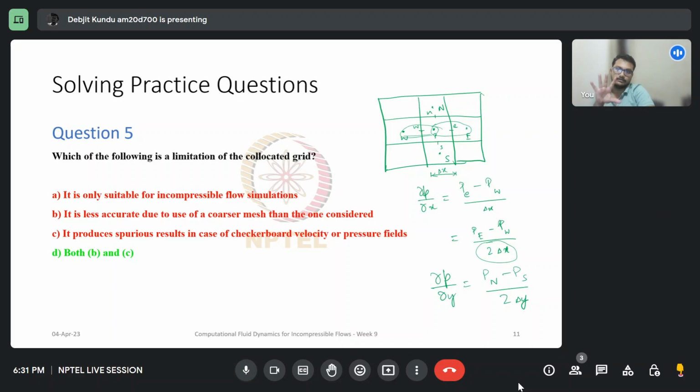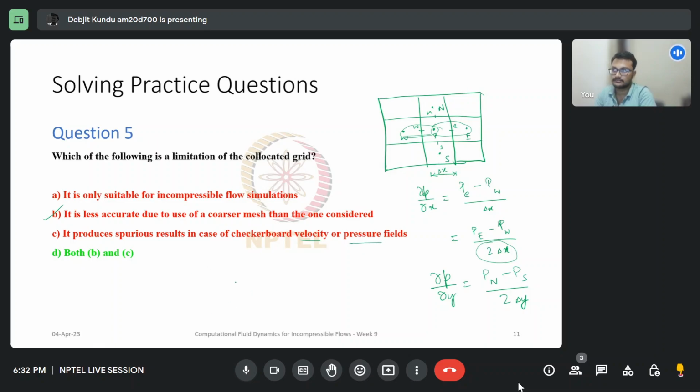So the method itself is forcing us to use a coarser mesh than the one that we are considering. That is a huge loss from a computational cost point of view, and it leads to loss of accuracy as well. So that's why B is correct, and C is correct because it produces spurious results in case of checkerboard velocity or pressure fields, either of them.